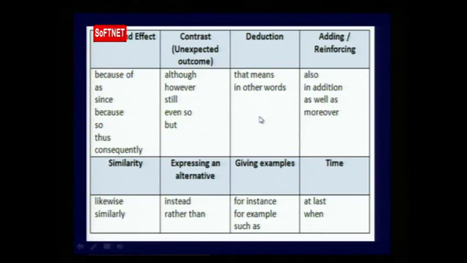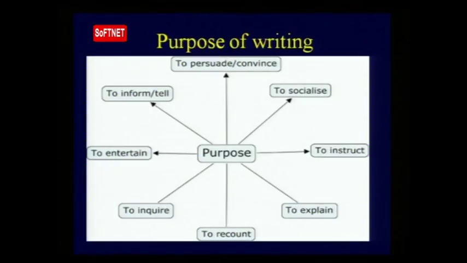You can use these important linking words to give some sort of strength to your sentences, to give coherence and cohesion to your statements. The purpose of writing, we all know, is to persuade, to socialize, to instruct, to explain, to recount, to inquire, to entertain and to inform.